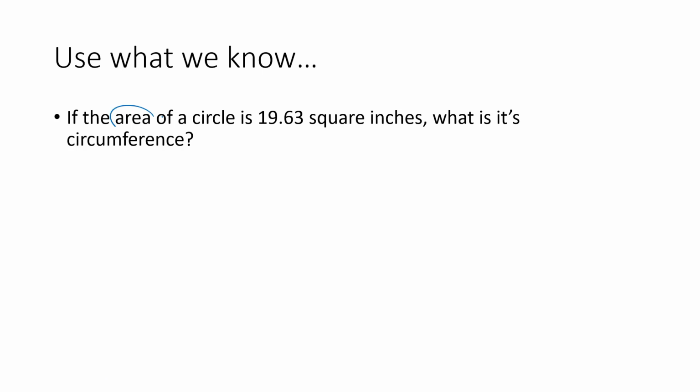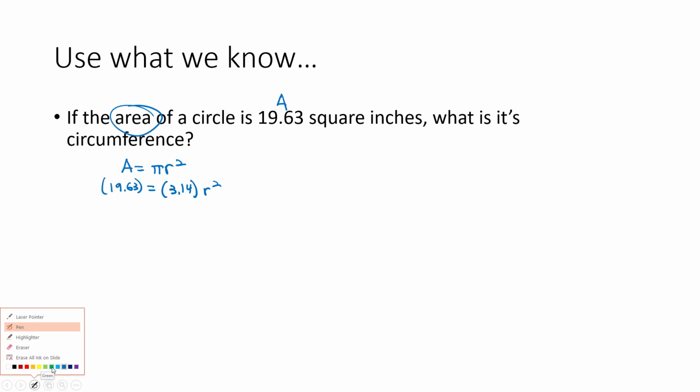What we know is the area. Area is equal to pi r squared. But we know the area. The area is 19.63. We also know pi is 3.14. What we don't know is the radius.